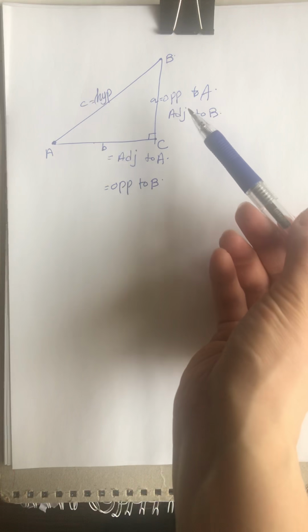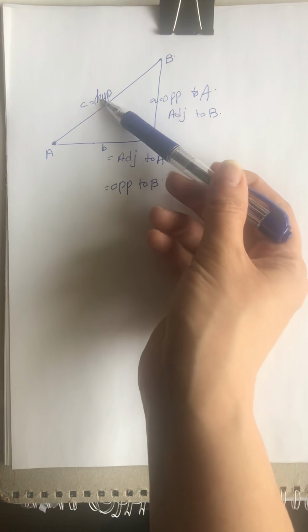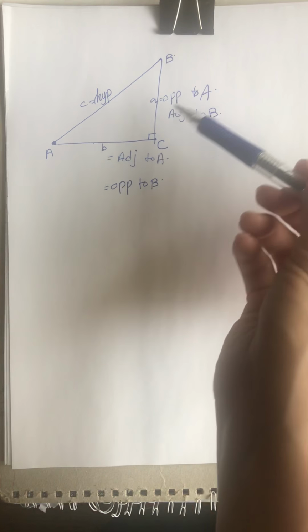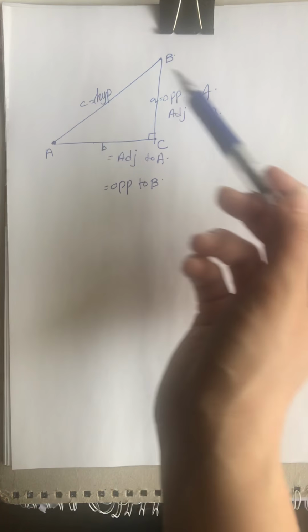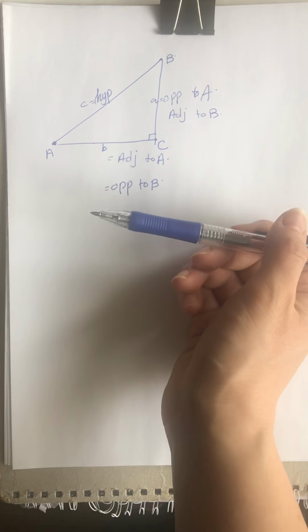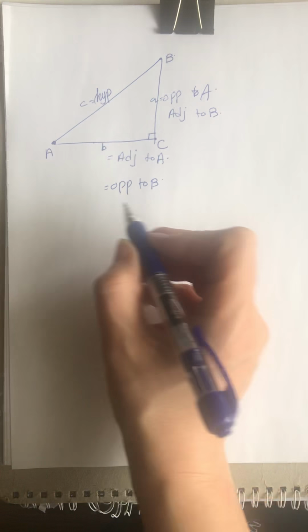So for example, we can have adjacent over hypotenuse, opposite over hypotenuse, adjacent over opposite, opposite over adjacent, hypotenuse over adjacent, hypotenuse over opposite. These create the trigonometric ratios.